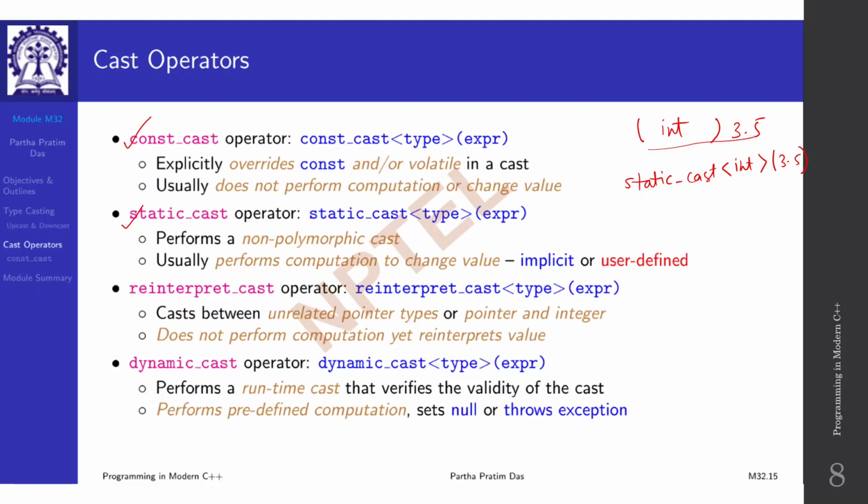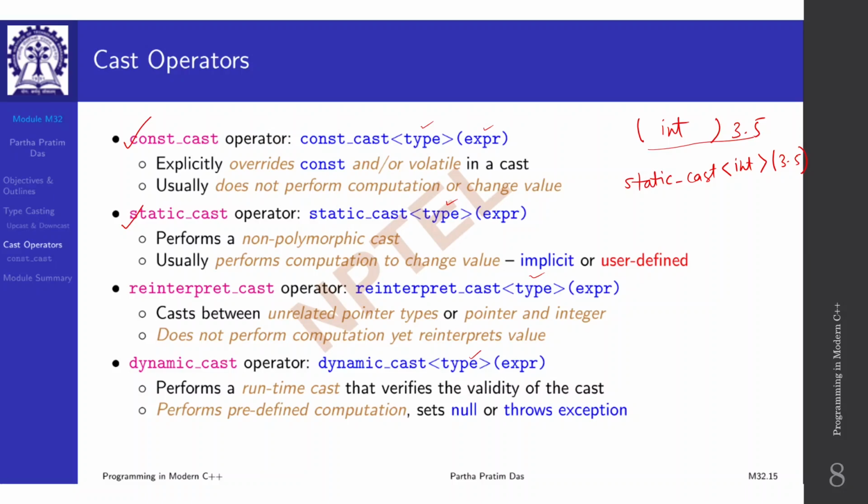All of these operators are templated functions, which means that we have to specify the type. The operator is actually a function and it accepts an argument. So in the template arguments, we specify the target type, into which type we want to convert, and in the function argument we specify the source variable that we want to convert.